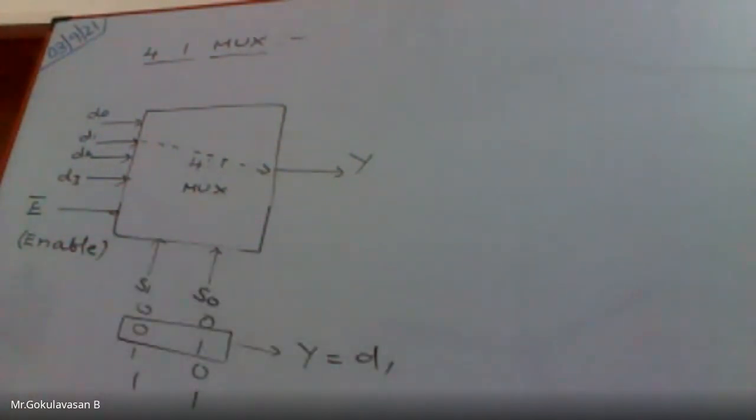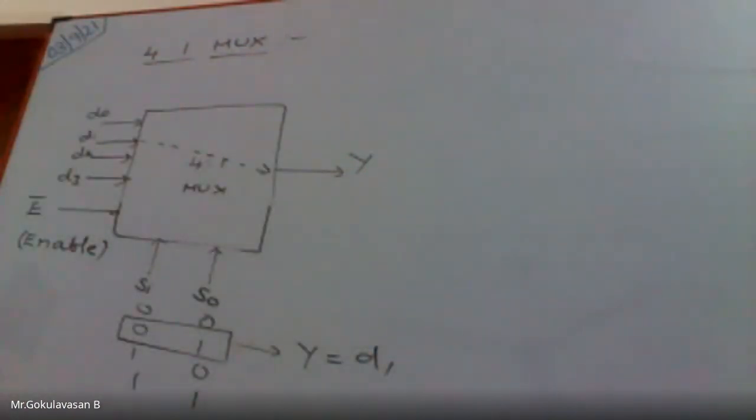S0 we have to choose as 1, S1 we have to choose as 0. With this select input, automatically my D1 input data will be selected and routed to the output. So for this combination Y will be equal to D1. If the D1 value is 1, then Y will be 1. If D1 is 0, then Y will be 0. So this is my block diagram explanation.